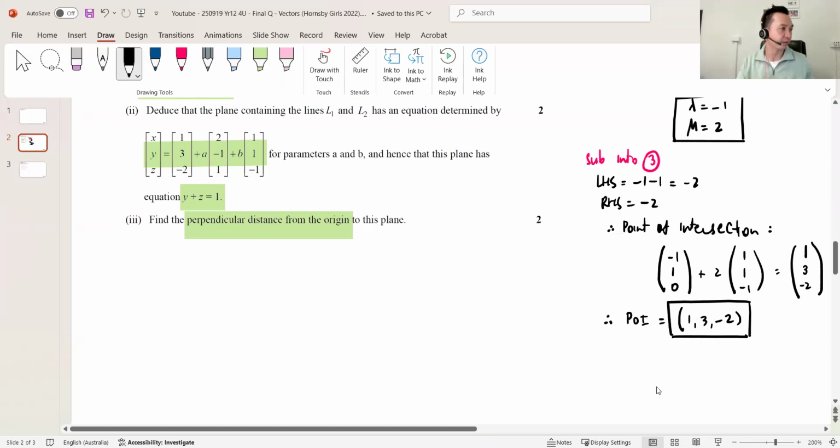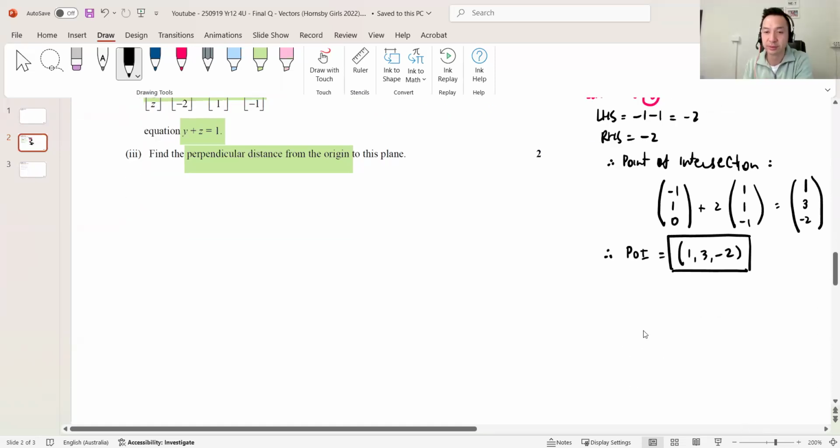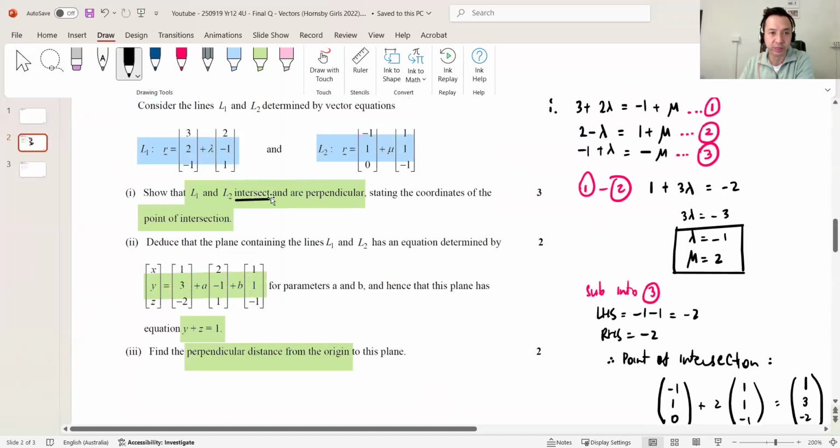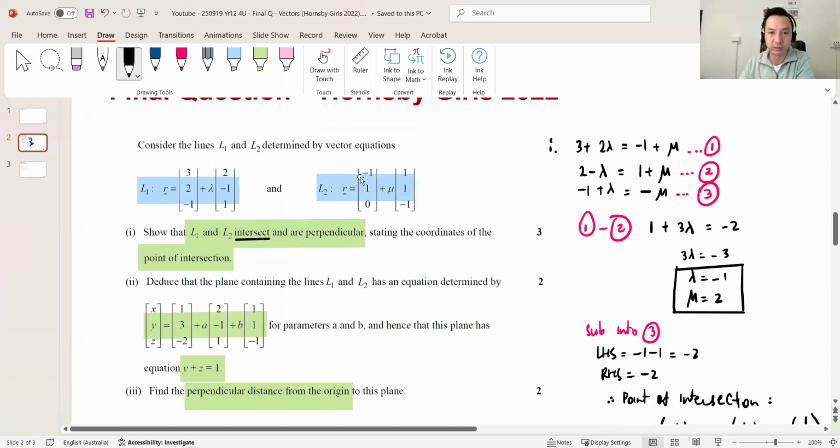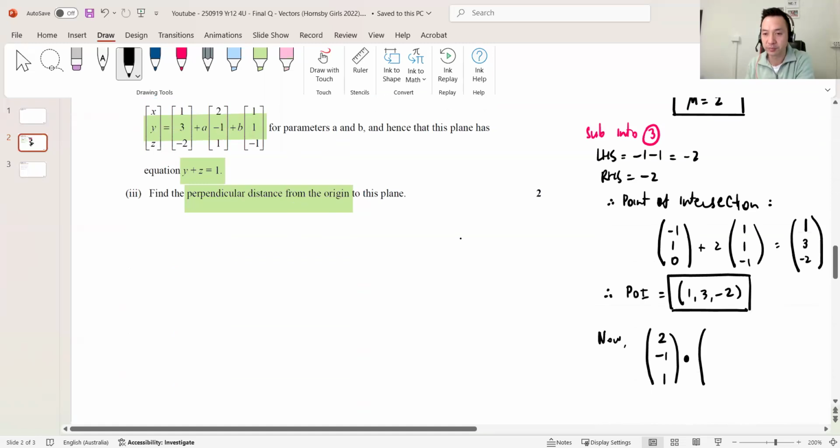Right, now I've got to prove that they're perpendicular as well. So I'll do the dot product of the two direction vectors. What's the first direction? (2, -1, 1) dot (1, 1, -1).